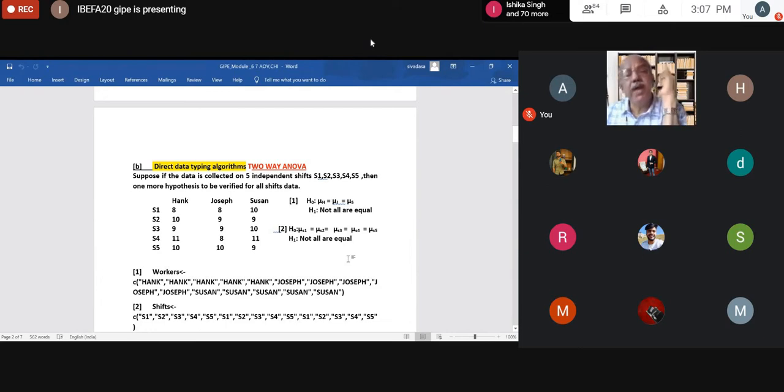So two times I have to do ANOVA. This is called two-way ANOVA technique. Comparison among the rows and comparison among the columns.